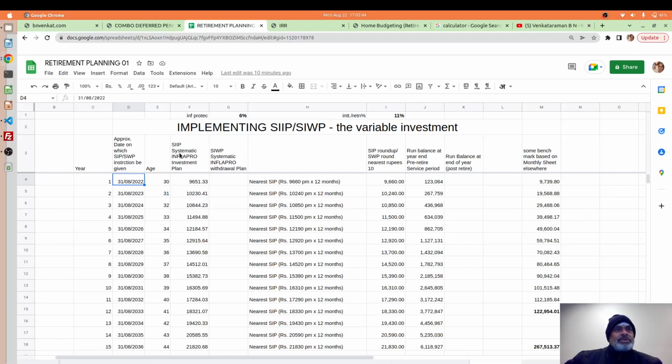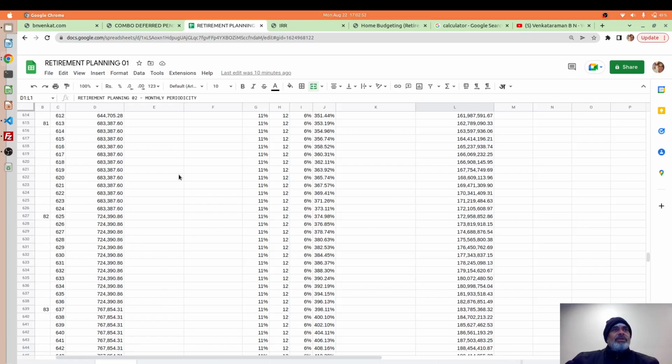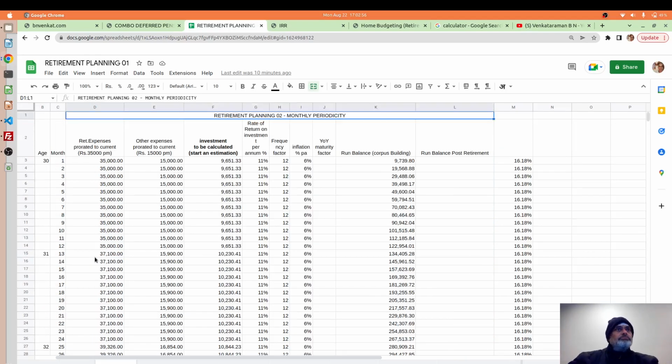The SIP, Systematic Pro Investment Plan, as we have seen in the monthly calculation we had worked out earlier, is the figure of 9,651.33, and this will continue for 1 year, and then next year it will be 6% more than the previous year, and so on.